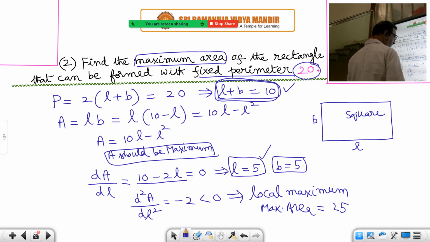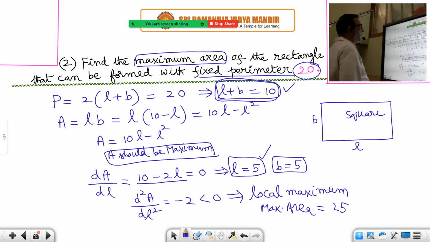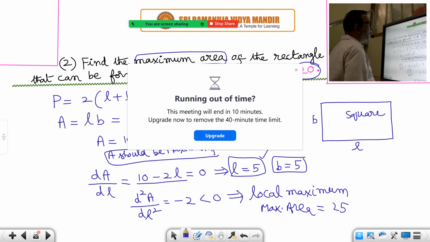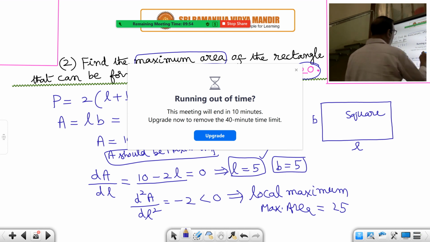What is your doubt? So maximum area is 25. KVKS Prasad? Anything? So running out of time already, the message has come.